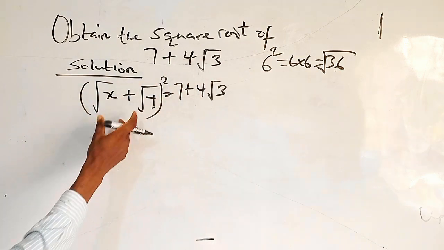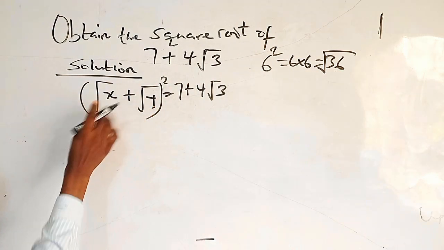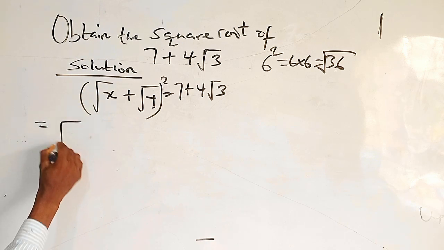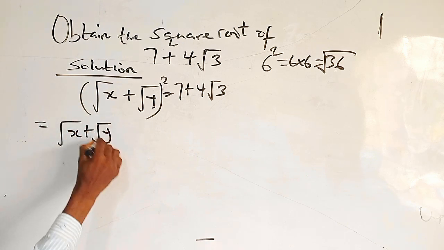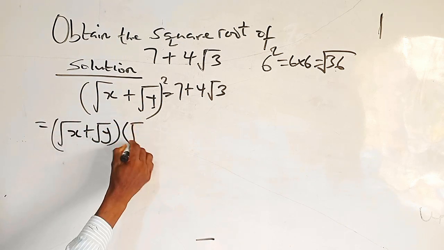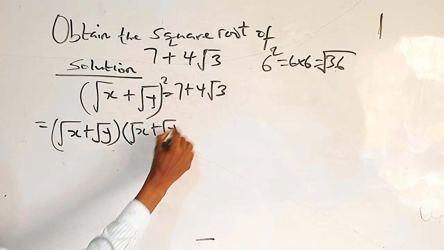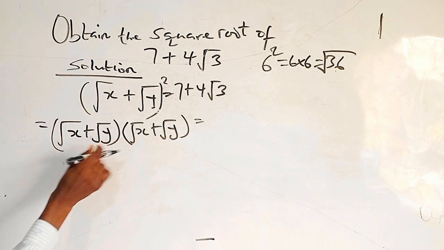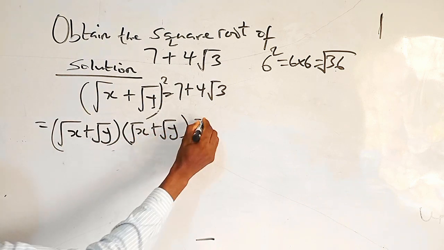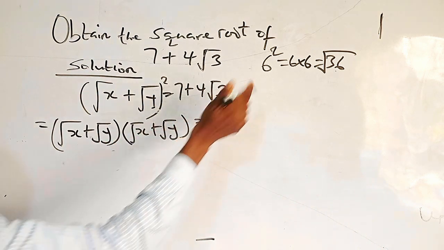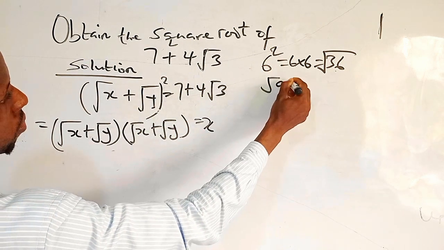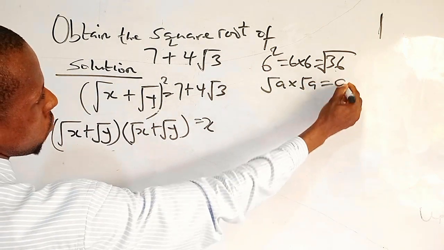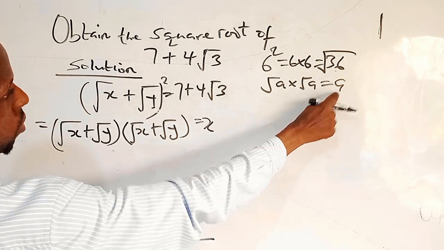So when I open this up, I can write it as root x plus root y, twice. When I multiply this with this, I have x. Do not forget one of the laws of surds: when you multiply the same roots, you have the number.